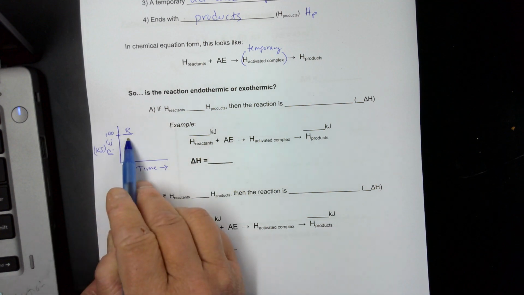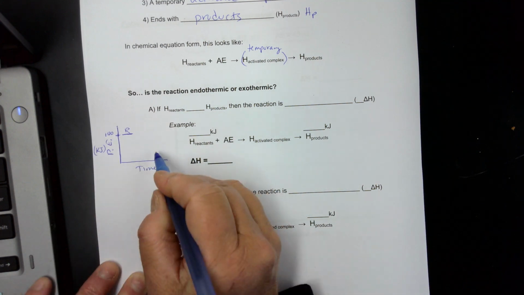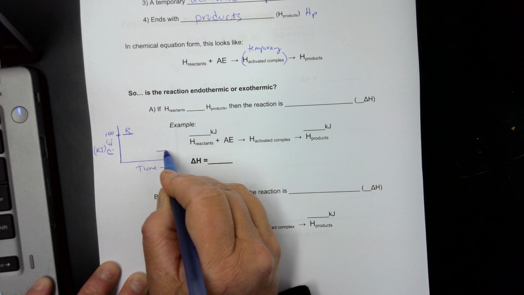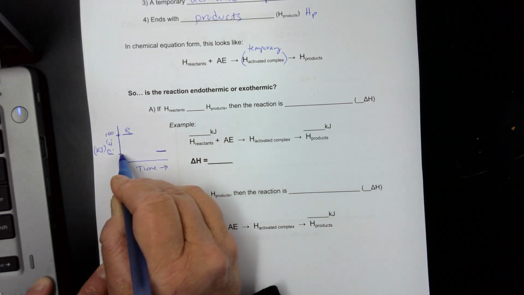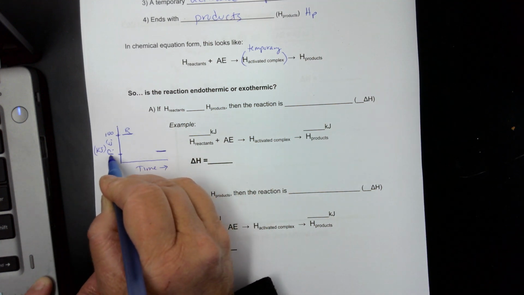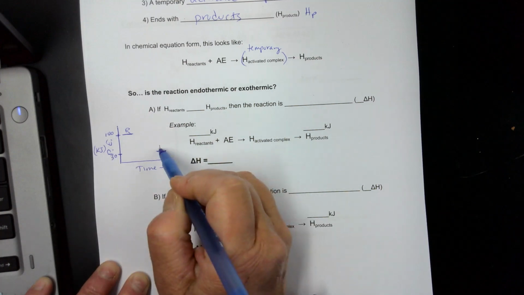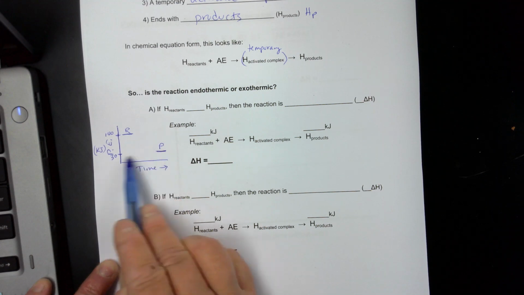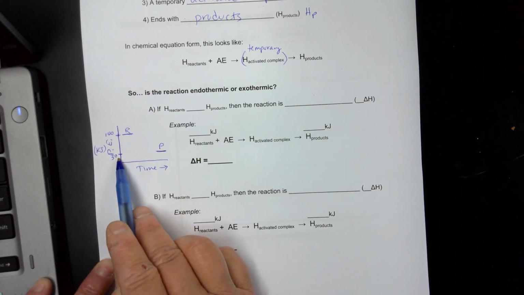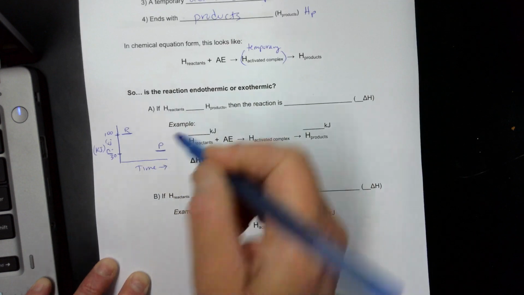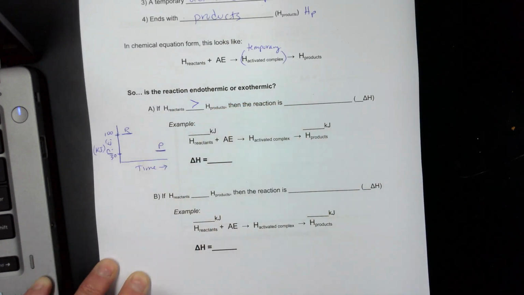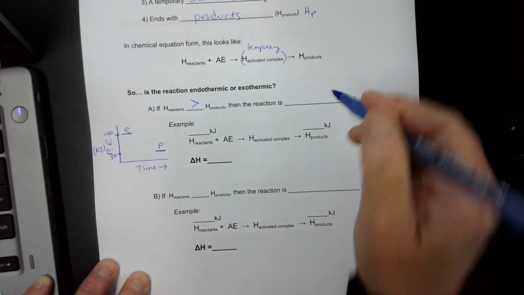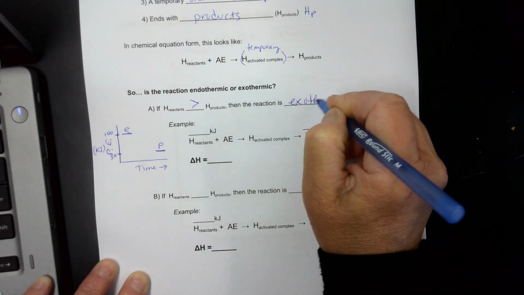If the reactants start out with 100 kilojoules, but then over time they turn into products, and those products have an energy of, let's say, 30 kilojoules. Reactants starting in time at 100 kilojoules, and over time, they turn into products with an energy of 30 kilojoules. So in this case, the reactants have a higher energy than the products, and we would say that this reaction is exothermic.